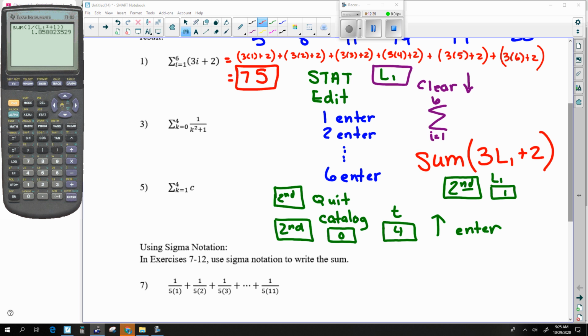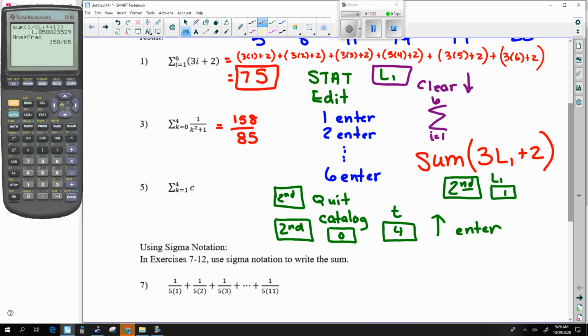And this is ultimately going to be 158 over 85. Like ultimately, the cheating version.